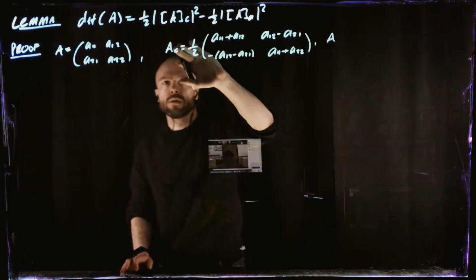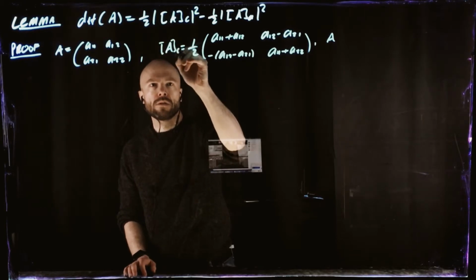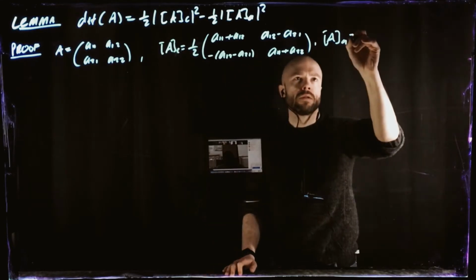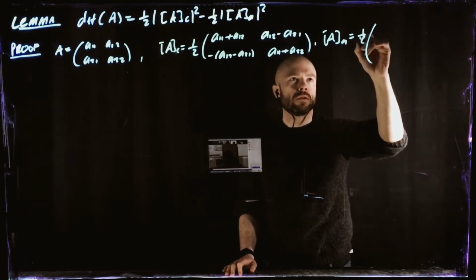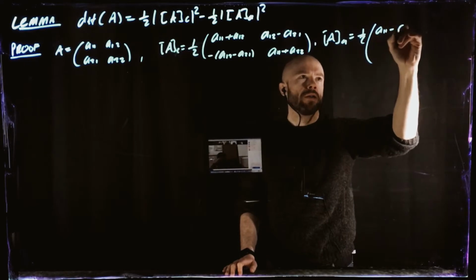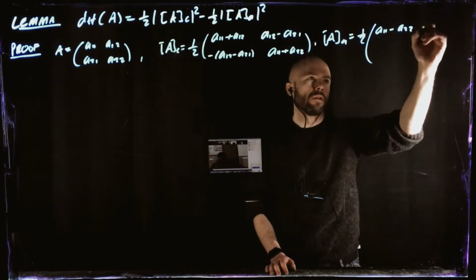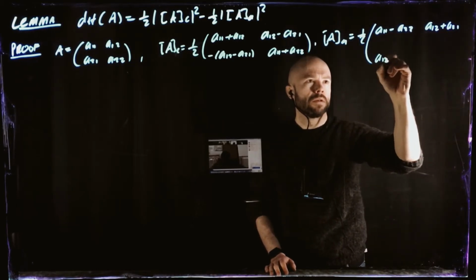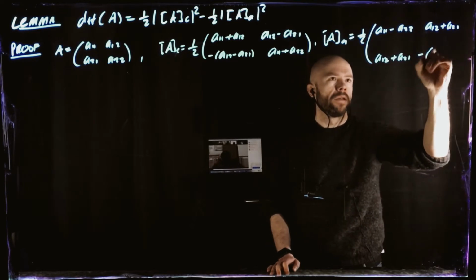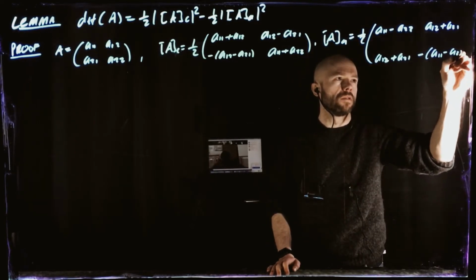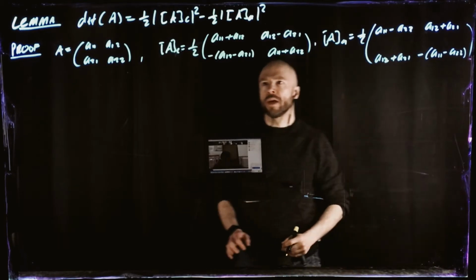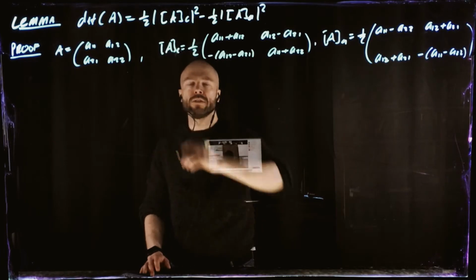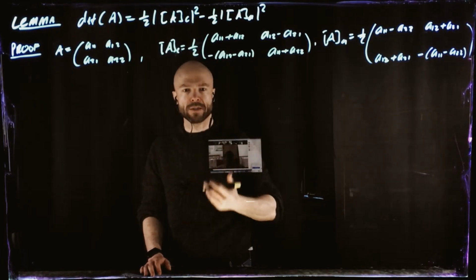The anticonformal part is 1 over 2 of A11 minus A22, A12 plus A21, A12 plus A21, and then minus A11 minus A22. We agree that this is anticonformal, and if we add these guys together, we get back the original guy. This is coordinate-wise the correct representation.